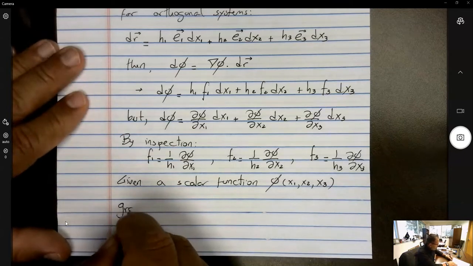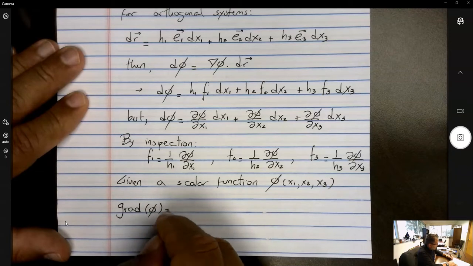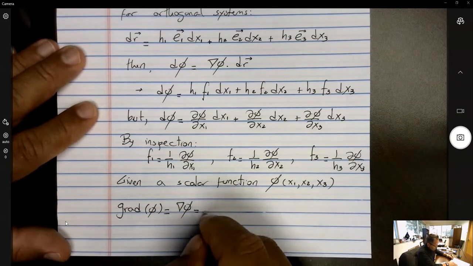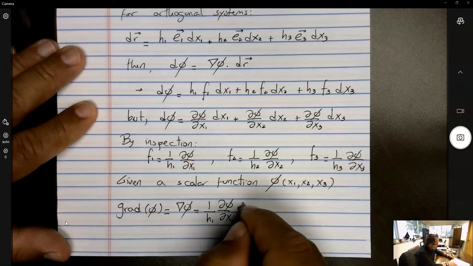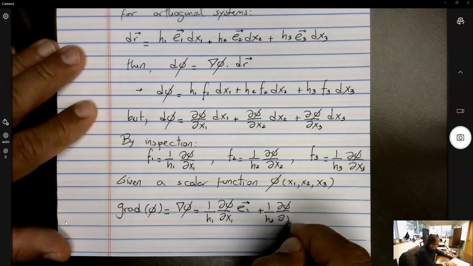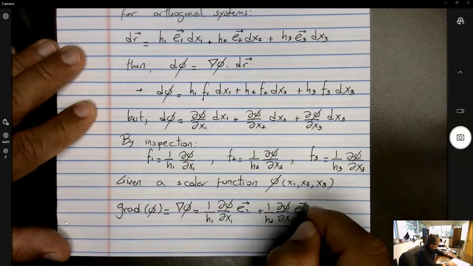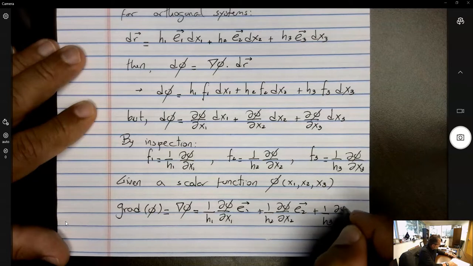The grad of phi, which can be shorthand notation del phi, is equal to 1 over h1 d phi dx1 in the first direction plus 1 over h2 d phi dx2 in the second direction plus 1 over h3 d phi dx3 in the third direction.